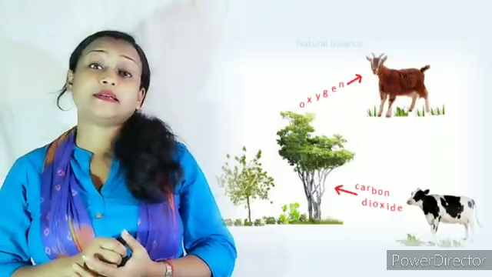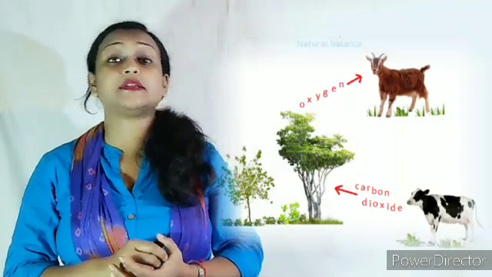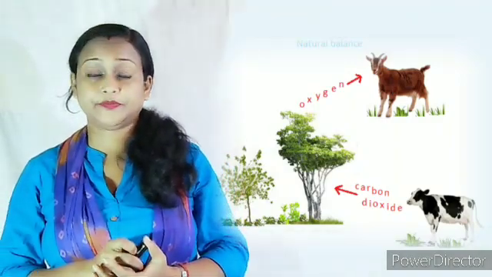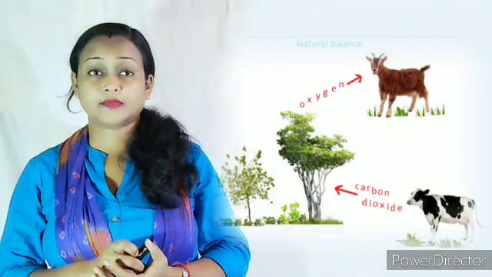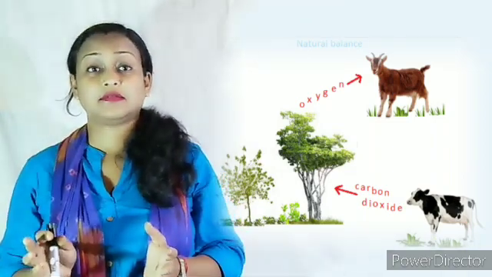Even we, for building our houses, depend on plants because we get wood from plants. Most of our food also comes from plants. Animals also depend on plants for the supply of oxygen. Can you imagine a world without plants?